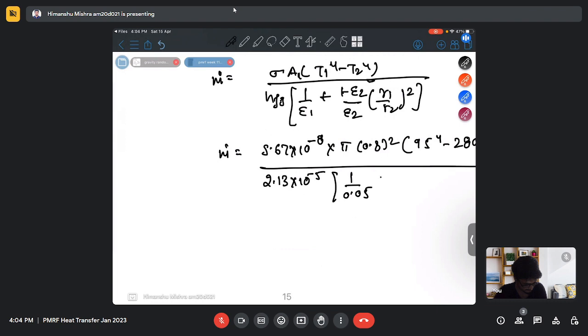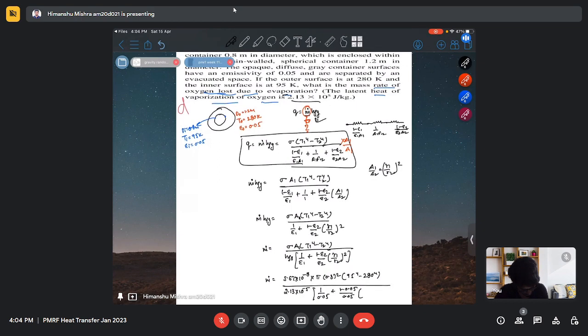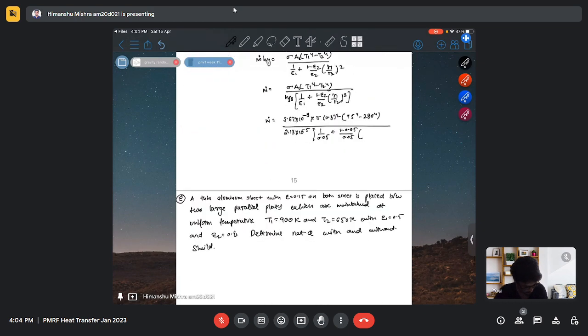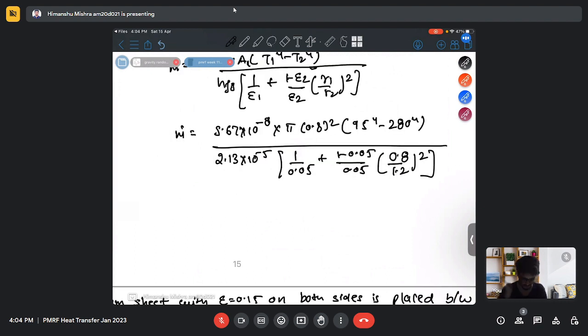Emissivity is 0.05. And my ratio of radius or diameter is 0.8 by 1.2. So on just calculating this, I will get the mass rate equal to, I'm writing in the modulus, I don't need this sign and all, 10 to the power minus 4 kg per second. So this is my magnitude of the mass rate.